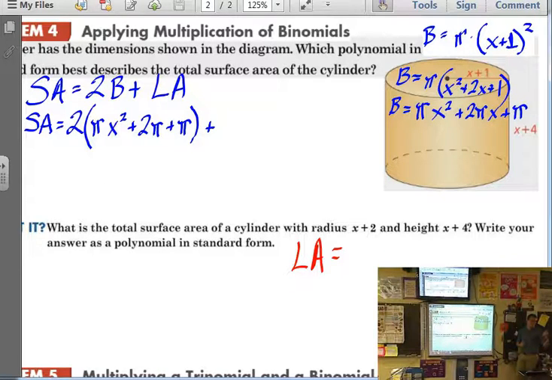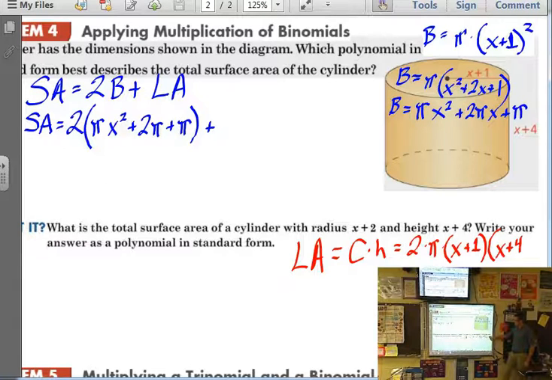Don't use 2 and diameter at the same time. So lateral area is really my circumference times my height, or my distance between the bases. So my circumference is 2 times pi times that radius, x plus 1, times the height of x plus 4.